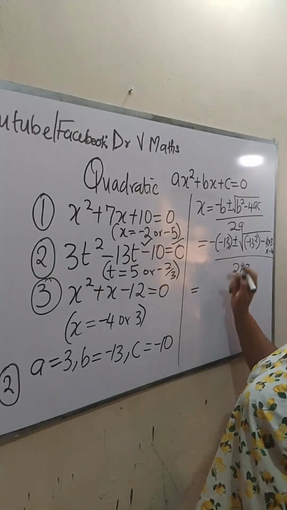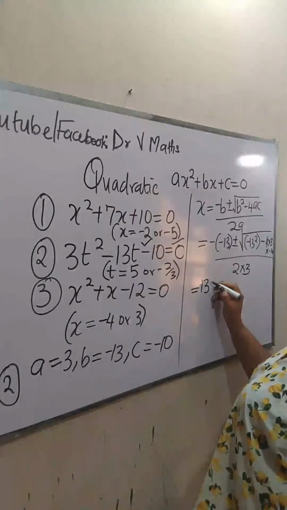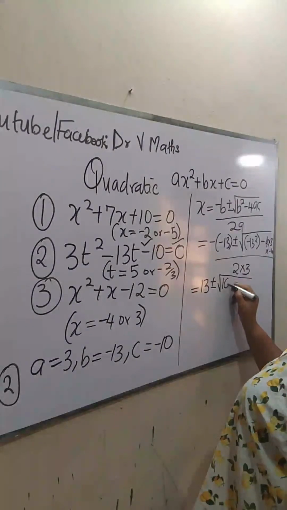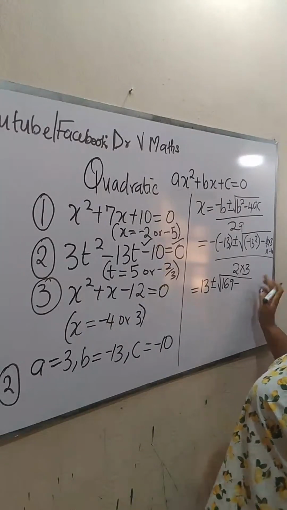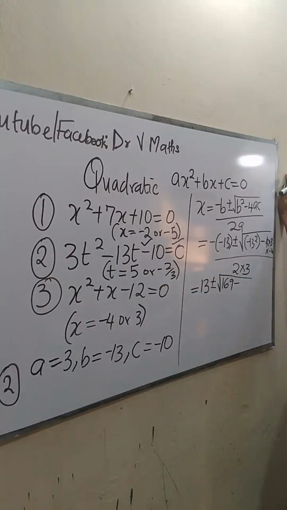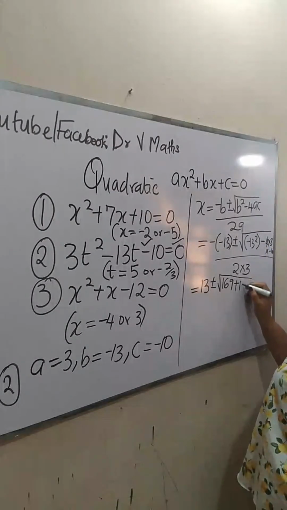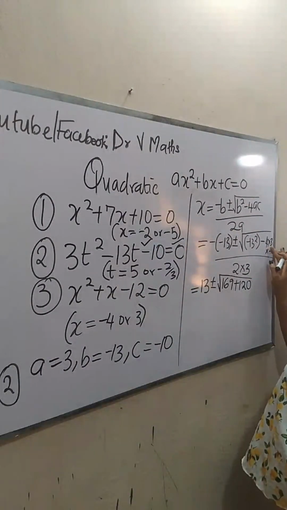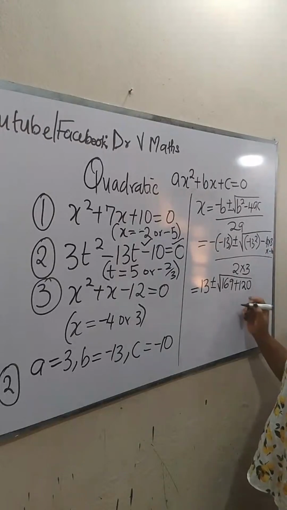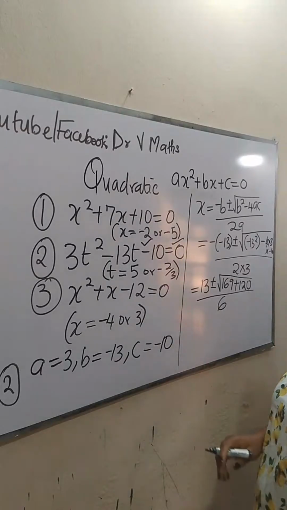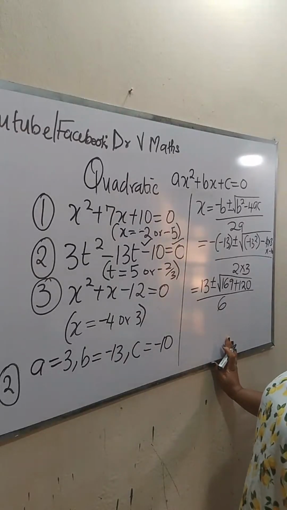And this is equal to minus 13, which is plus 13, plus or minus the square root of 13 squared is 169, minus 3 times 4 is 12, 12 times 10 is 120, but it's plus, so plus 120, all over 6. All right, because 2a is 6, so 3 times 2 is 6.